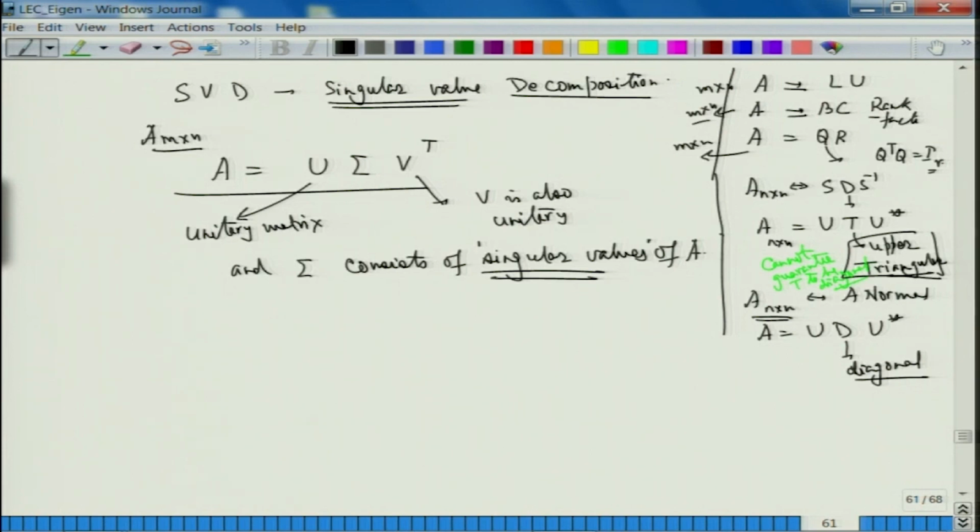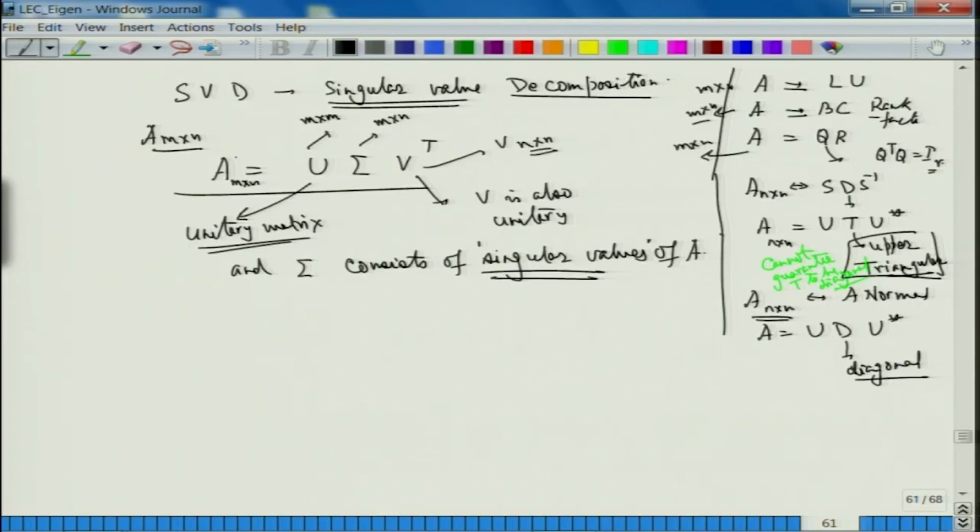Is that okay? So let us try to understand first what I mean by saying that A is U sigma V transpose. So A is an M cross N matrix. So this U, which is a unitary matrix, has to be M cross M, fine. Sigma has to be an M cross N matrix, and this V has to be N cross N, fine.